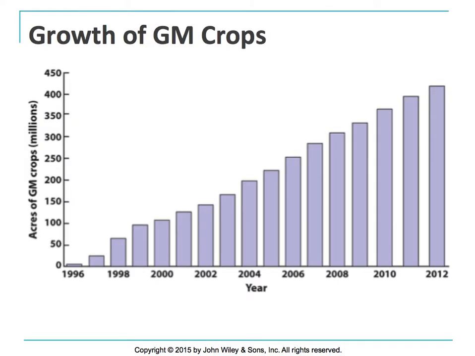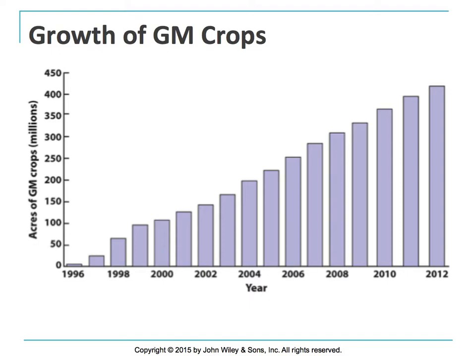And as promised, here is that graph showing, on the y-axis, acres of genetically modified crops in the millions. So you'll see down in 1996, just kind of a sliver in terms of acres of genetically modified crops, and how much that has just boomed into 2012.